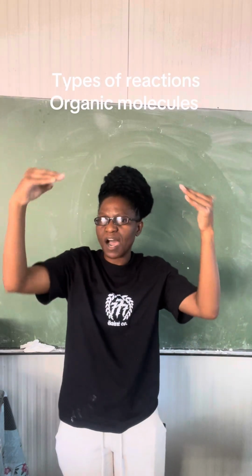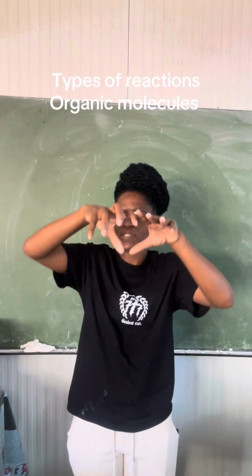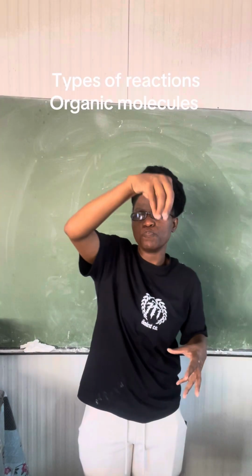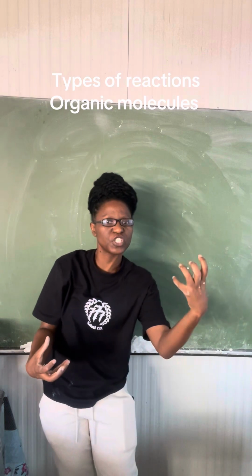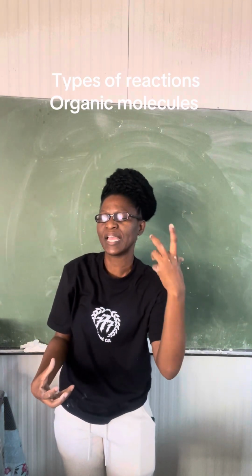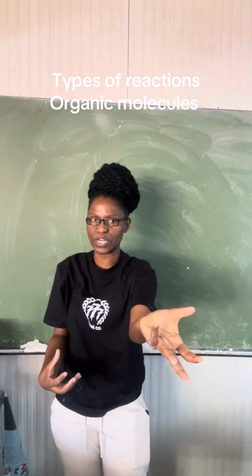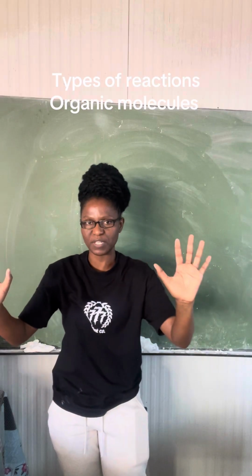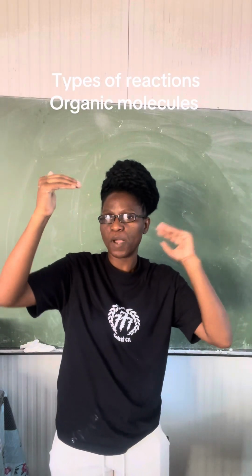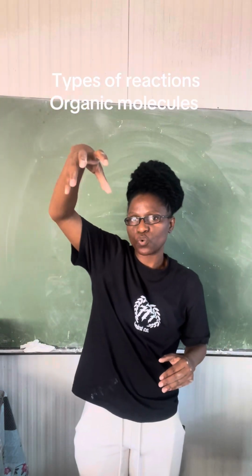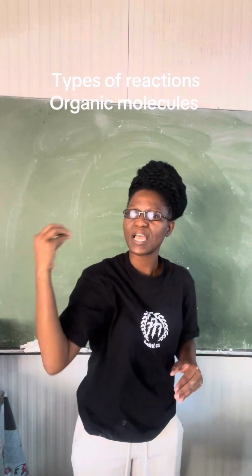Remember, an unsaturated compound consists of multiple bonds, so we break down the multiple bonds, and what is produced is a saturated compound. Basically, addition reaction is about the addition of a molecule on an unsaturated hydrocarbon to form a saturated compound.